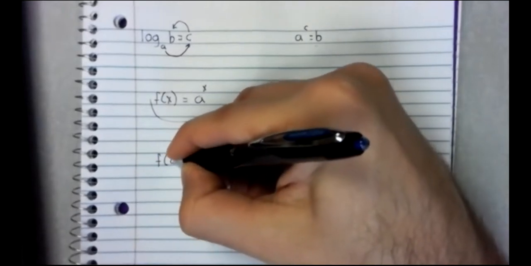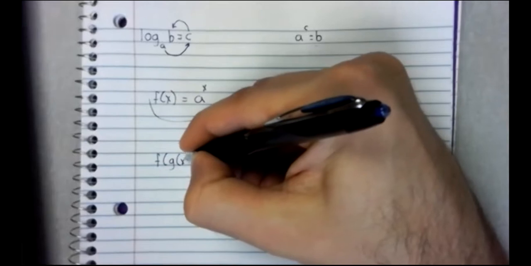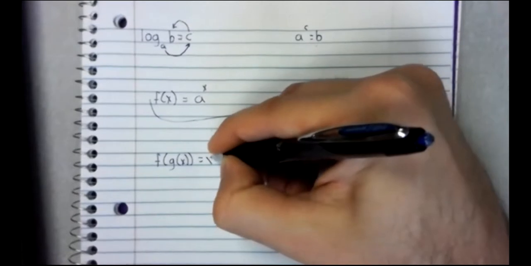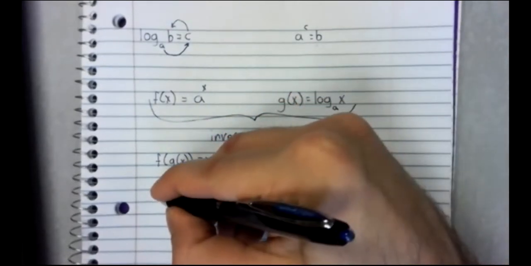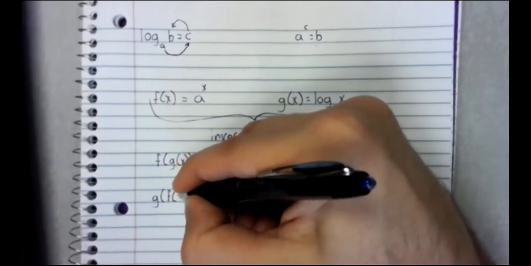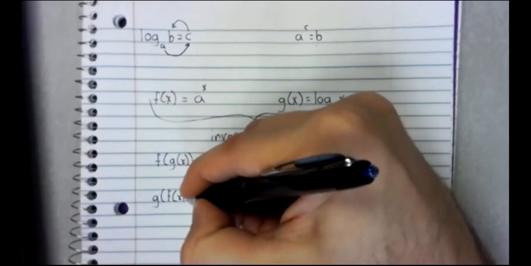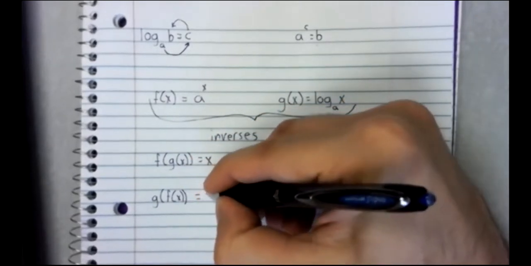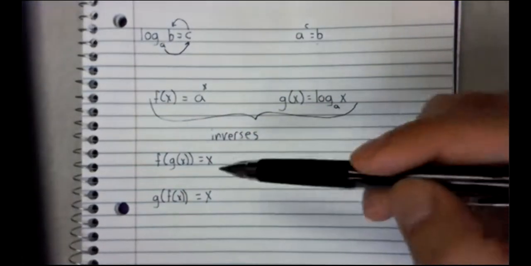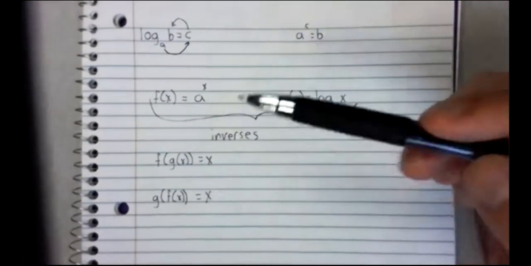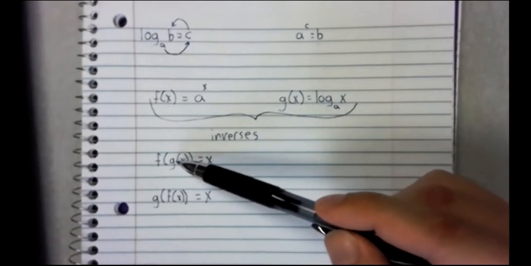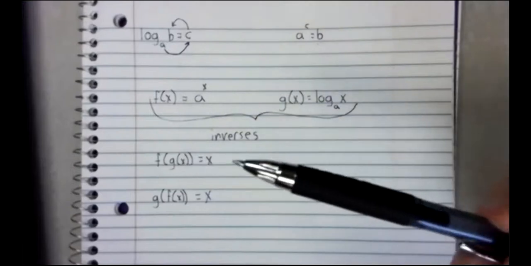So f of g of x equals x, and g of f of x equals x. And let's take these statements and let's rewrite them. Let's actually do this composition.